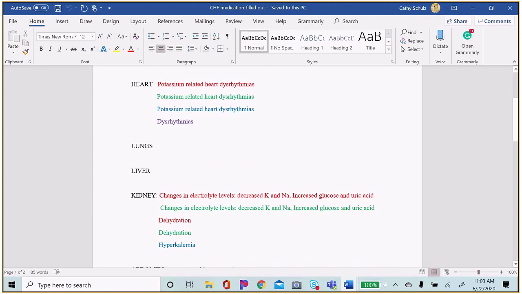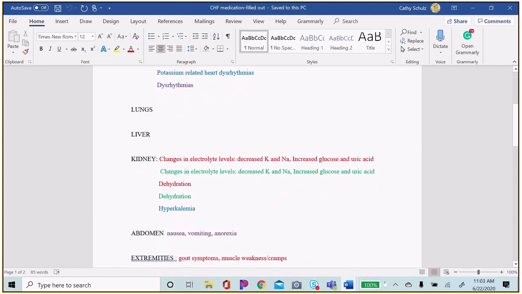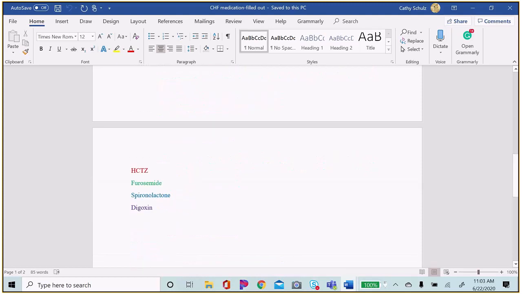Potassium level and heart dysrhythmias is one of the big things we have to worry about. Low potassium in general causes slower heart dysrhythmias, so hydrochlorothiazide and furosemide. High potassium is actually more dangerous in terms of cardiac effects, and can lead to ventricular fibrillation and ventricular tachycardia.